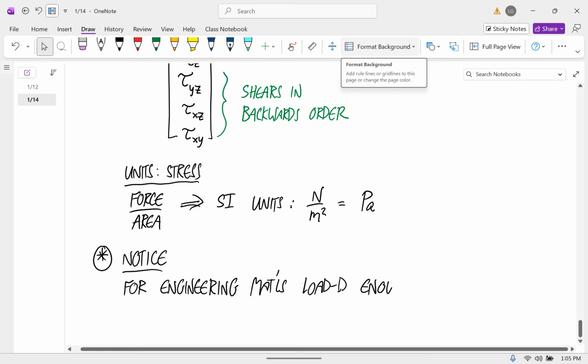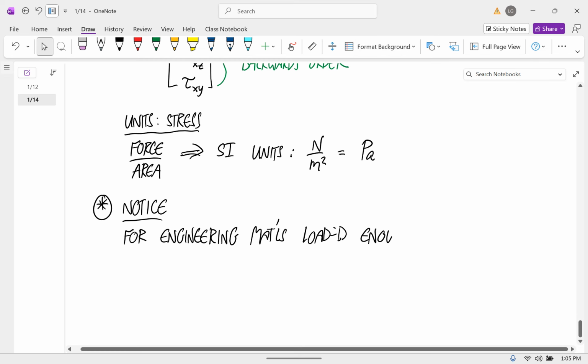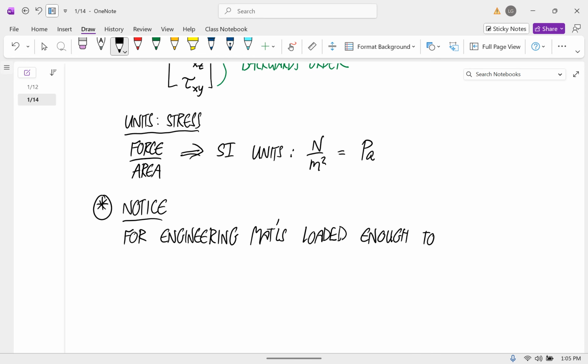So if you're doing these stress calculations, for engineering materials loaded enough to care about the stresses, the values are going to be, let's say, at least 10 to the fifth pascals. So expect big values on these stresses.